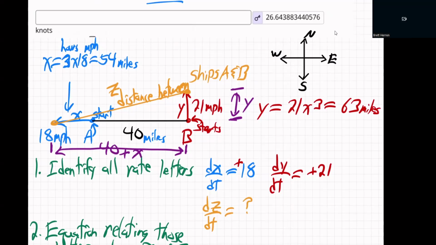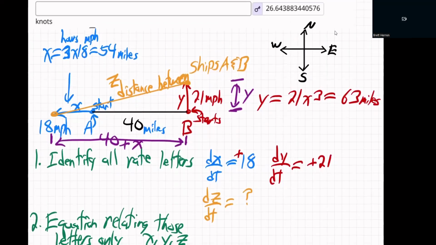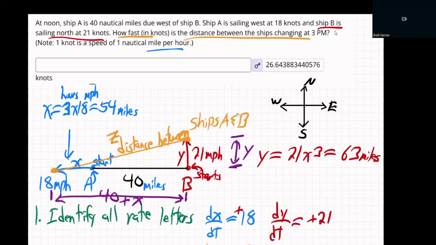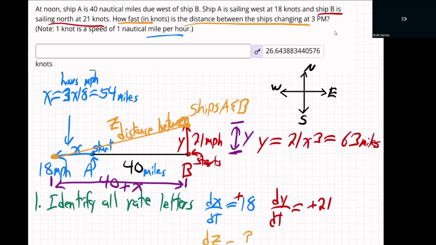Okay. So now Z is going to be the trickiest one. Z is for sure going to be the trickiest one. So let's bring it down. I'll do it right up here where you can see everything. Okay, redrawing the triangle.